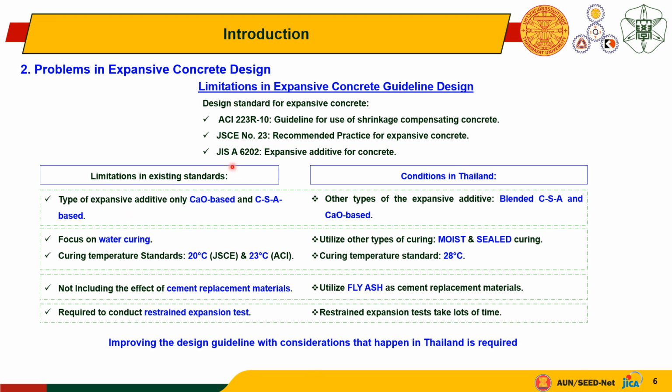As I mentioned before, we already have design standards for expansive concrete such as ACI 223R-10, JSCE number 23, and JIS A 6202. However, these standards have some limitations that we cannot apply in some countries, especially in Thailand.